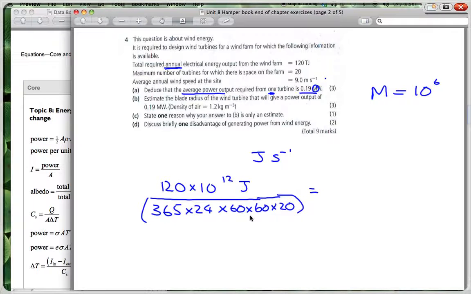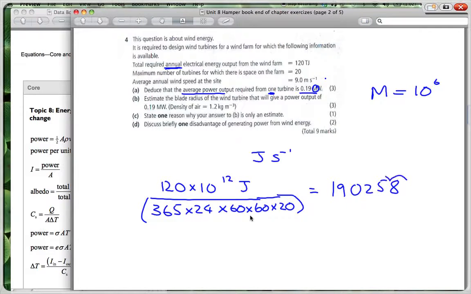So it's going to be 120 times 10 to the 12 divided by brackets 365 times 24 times 60 times 60 times 20, close brackets, enter, and I get this value, 190258, and then there's a dot in it.